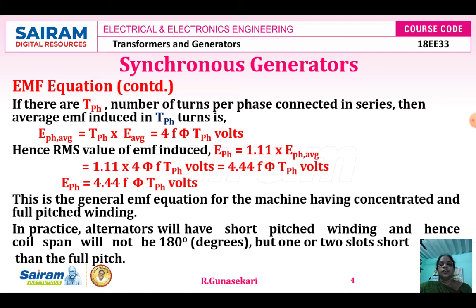But in practice the alternators will have the short pitched winding. What is the short pitched winding? Coil span is not equal to pole pitch, that is, coil span is less than the pole pitch, less than 180 degrees. So the coil span will not be 180 degrees, but one or two slots shorter than the pole pitch.